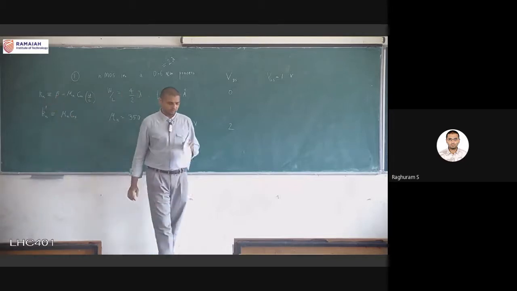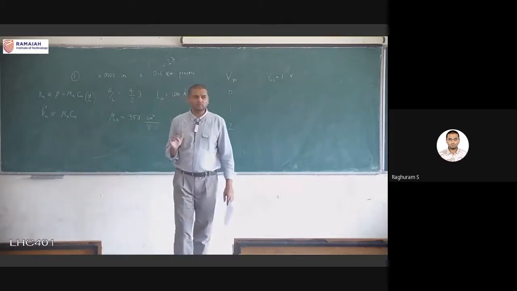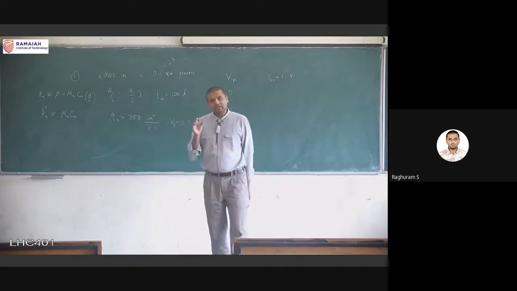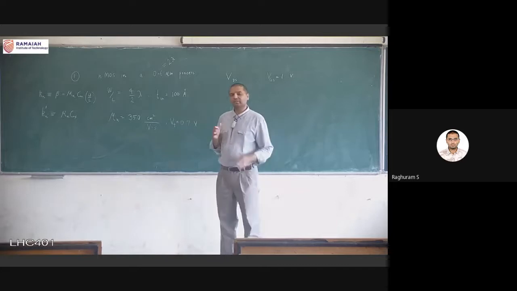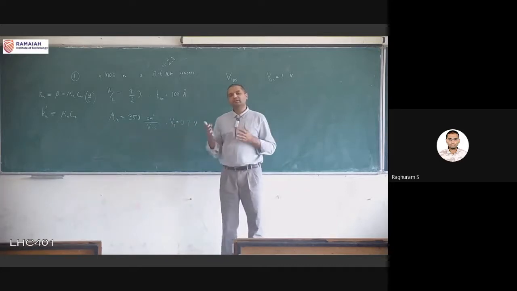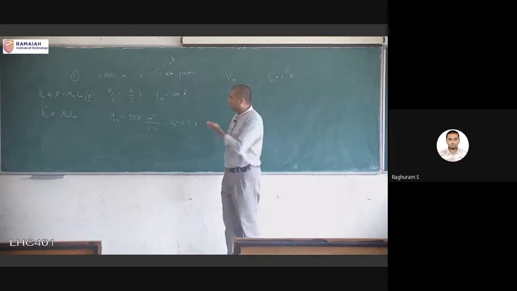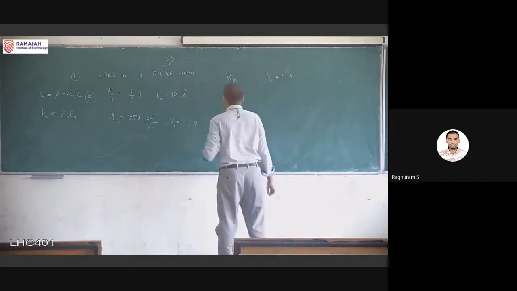Okay, so what I would recommend is for all the numericals, okay, calculate this. This is a one-time task. We can reuse this irrespective of whether the current is in saturation or in linear. Okay, so let us first calculate that term.